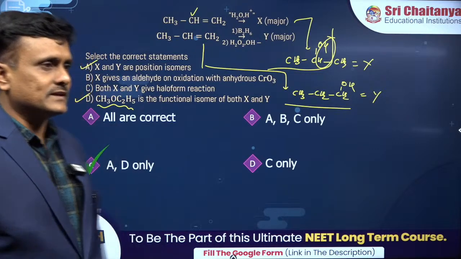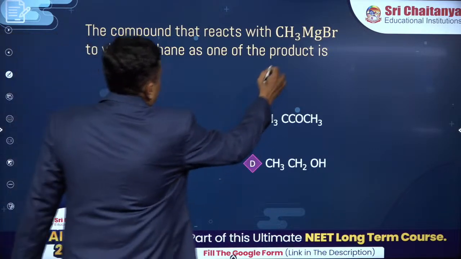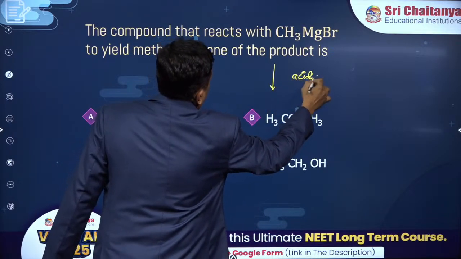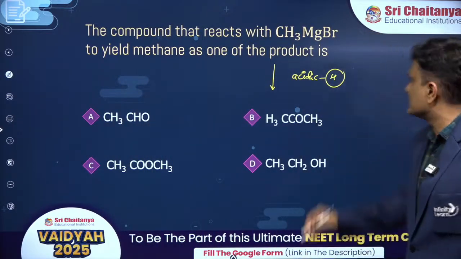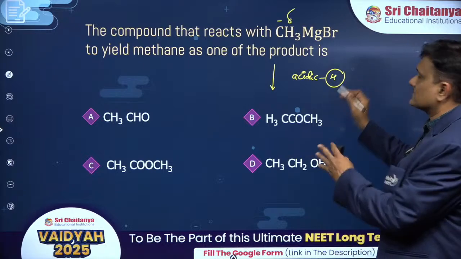Prabhakaran made a mistake. The compound that reacts with the Grignard reagent to give methane, right? So you should know that any acidic hydrogen atom when present in the given compound, because the Grignard reagent is a strong base, it would abstract this proton.